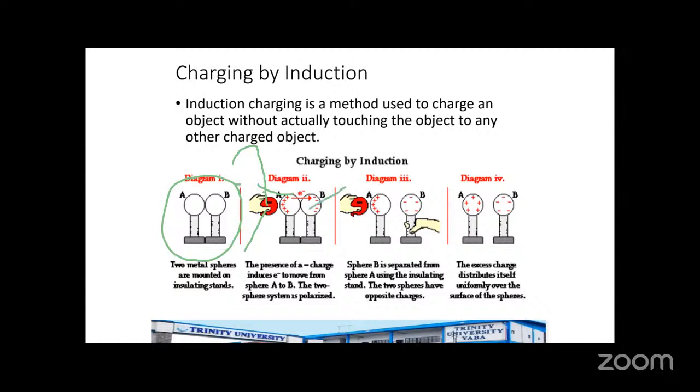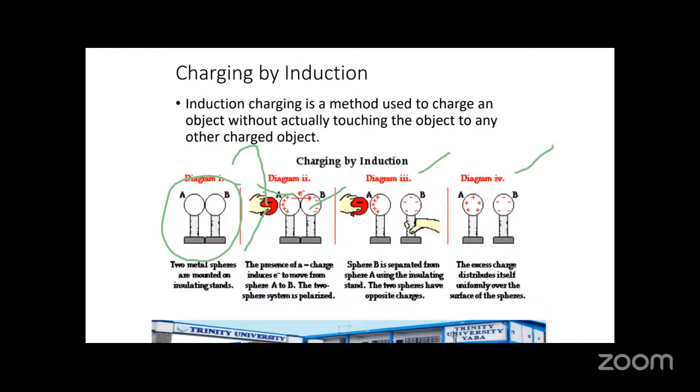So when that happens, and then we separate them, in diagram 3, we have separated A and B. So now A is positively charged, B is negatively charged.